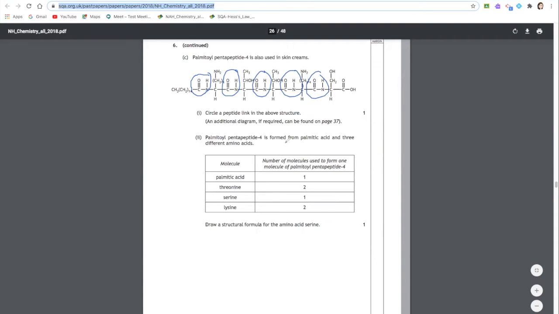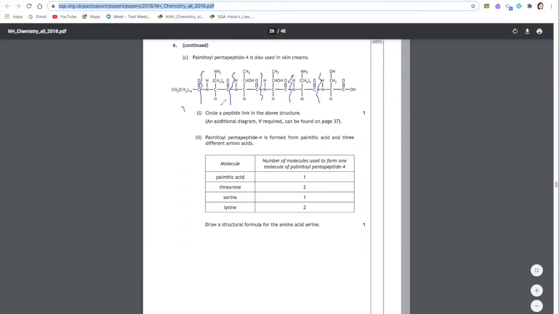Then we've got question C part 2. Palmitoyl pentapeptide 4 is formed from palmitic acid and 3 different amino acids. Draw a structural formula for the amino acid serine. So we need to work out what all the amino acids are. I'm going to break all of the amide peptide links.